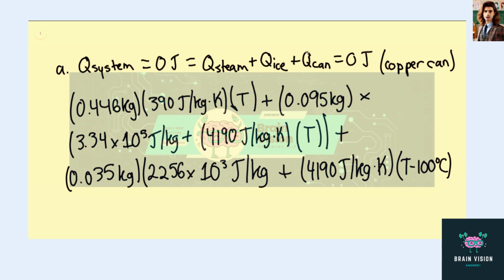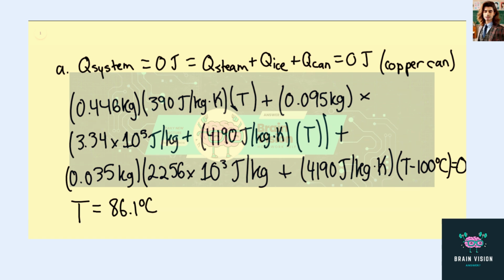And again, this is all going to be equal to 0 joules. And so we can plug this into a solve function in your TI-84, 85, or 89. Of course, you can just simply lose all of the units and include T, and you'll basically be solving for T. And when you do this, T is going to be equal to 86.1 degrees Celsius.